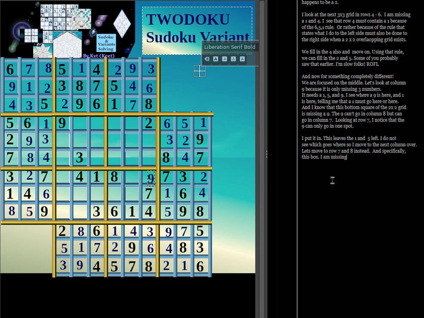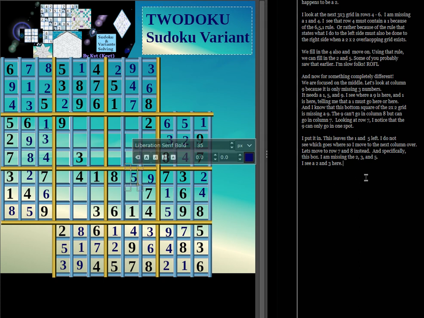I am missing the 2, 3, and 5. I see a 2 and 3 here. Thus I can put a 5 there. I look for a 2 and find it in column 7, so I put a 3 here and the 2 there.